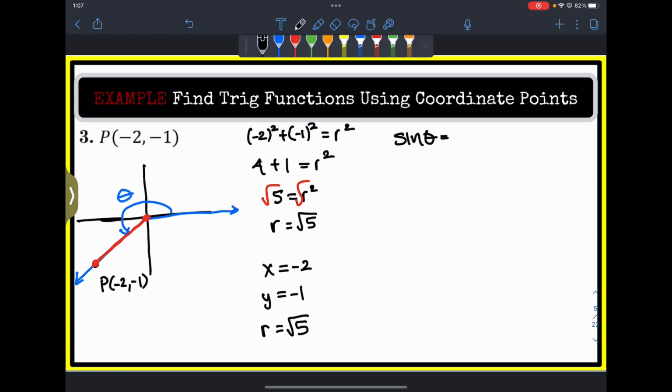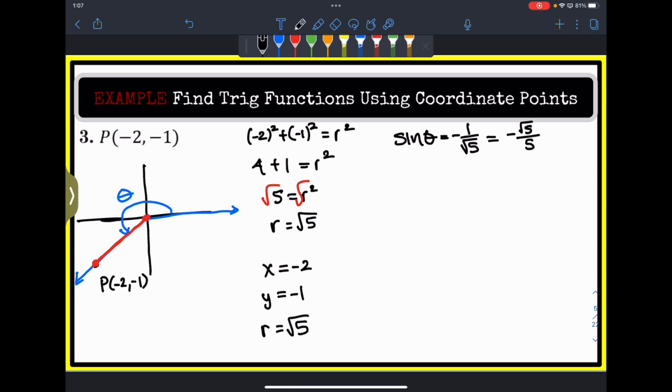So the sine of theta is negative 1 over radical 5. But since the denominator is irrational, we need to rationalize it. And to do that, remember the little trick I showed you, all you have to do is simply move this to the top, get rid of the radical symbol, and keep the 5. So we end up with negative 1 radical 5, which we can write as negative radical 5 over 5.